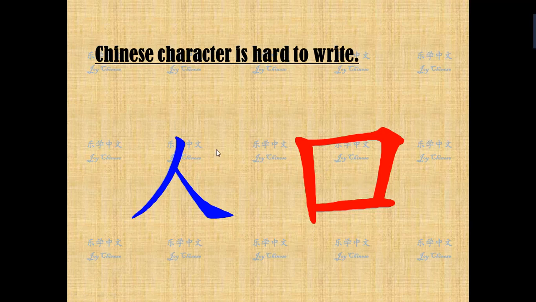So, all of the Chinese characters are like this. There are basic strokes to combine together to make up all of these characters. So we are going to learn from simple ones to complicated ones. Actually, those complicated ones are a combination of those simple ones. Okay, we solved 3 problems.